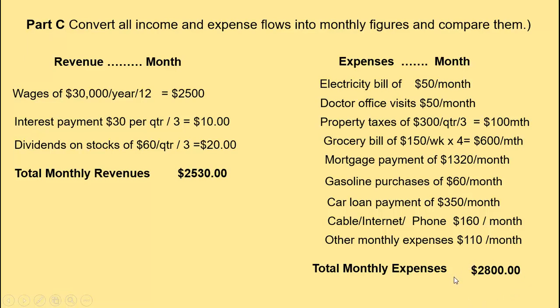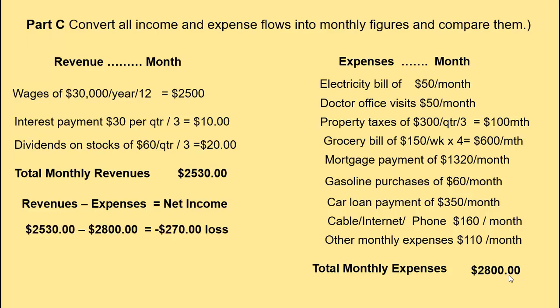And so what's going to happen is that based on this cash flow situation, the net worth is going to go steadily down if this doesn't change. So we've got a $270 loss, or cash flows out exceed cash flows in by $270 a month. And so did net worth increase?